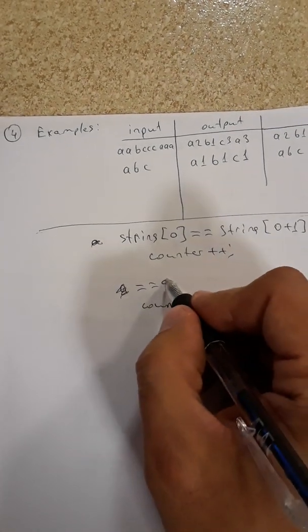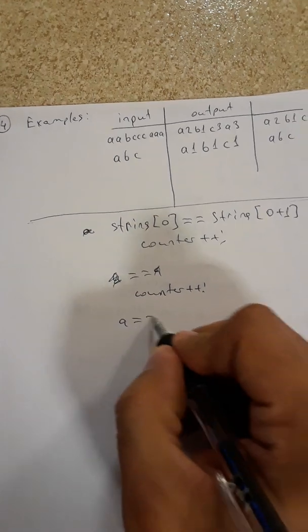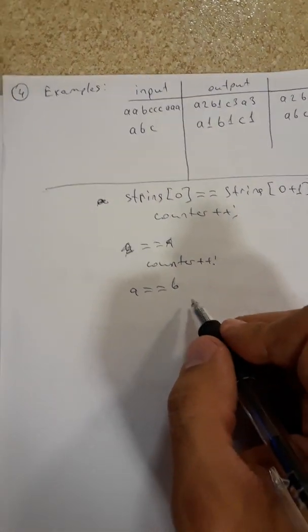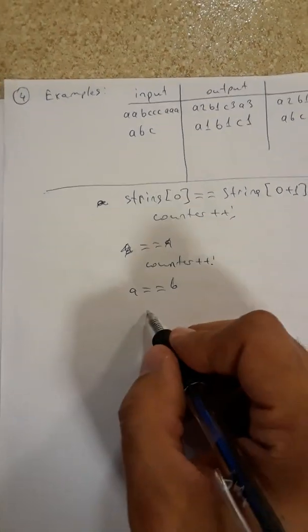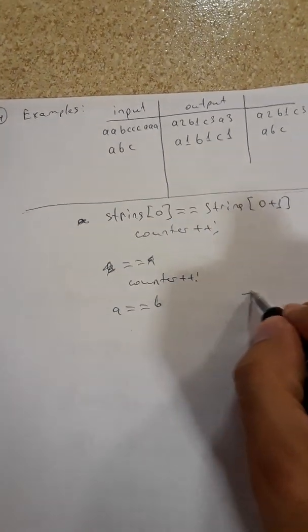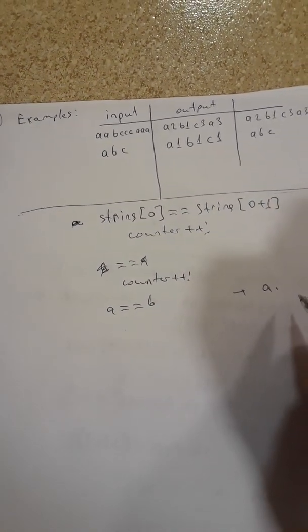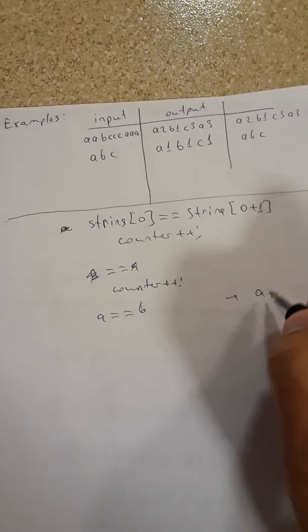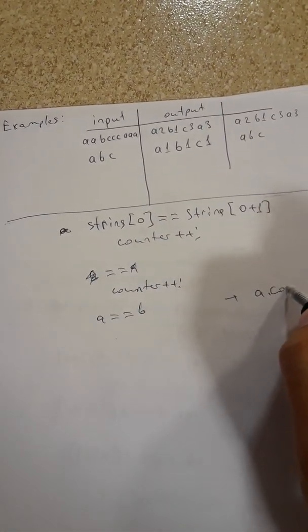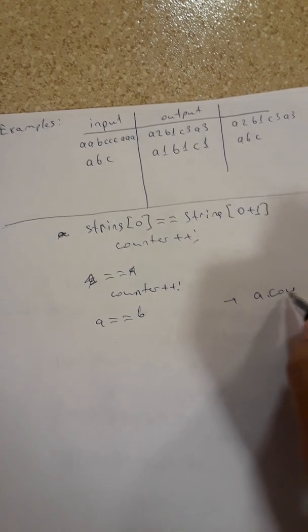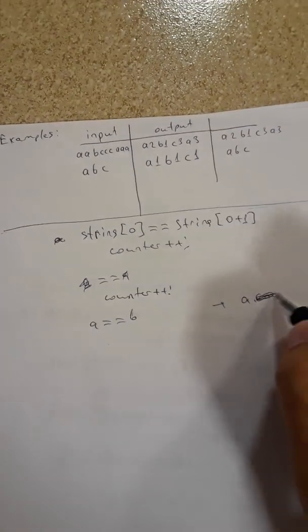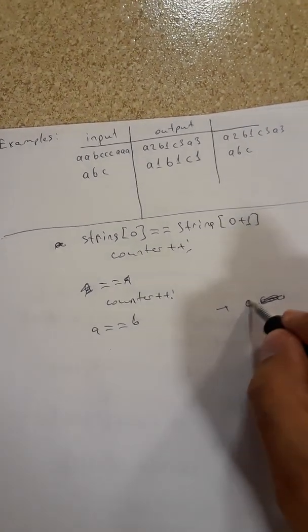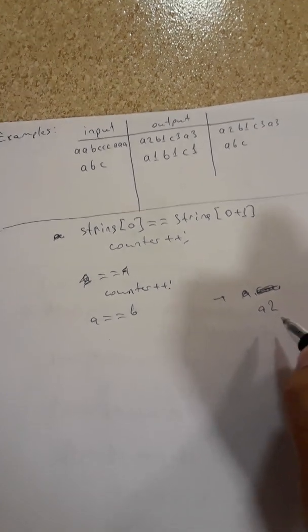Then we change our A and see that it's not equal to B. In that case, we append our A to the new string, and also append our counter value, which will be 2, like A, then 2.